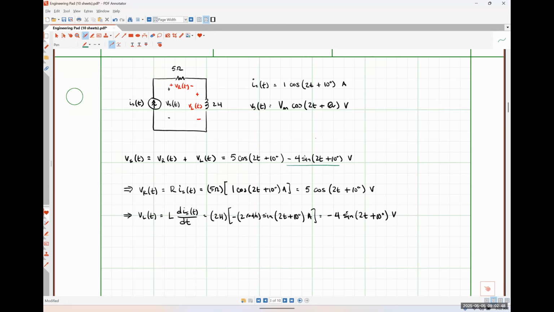And so I can say that this part in green is just going to look like plus 4 cosine of 2t plus 100 degrees. So is everybody okay with how I went from negative 4 sine 2t plus 10 to positive 4 cosine 2t plus 100? Okay.